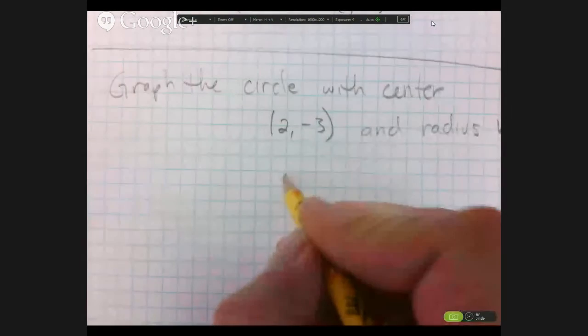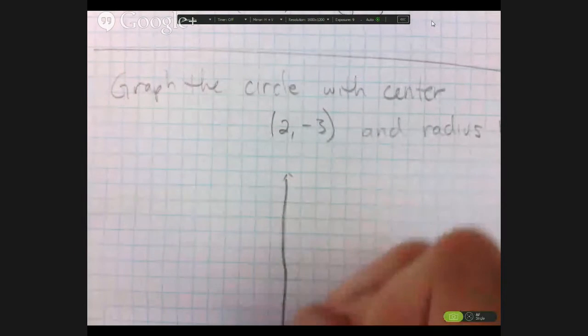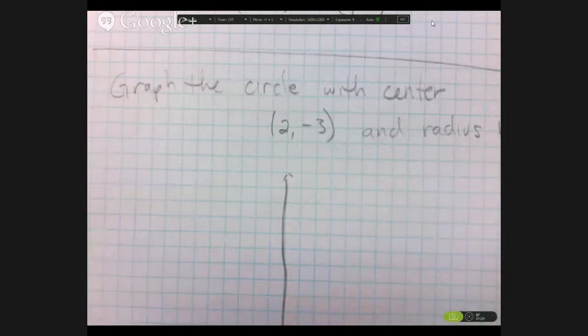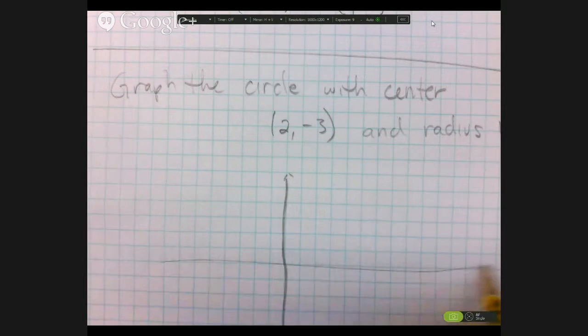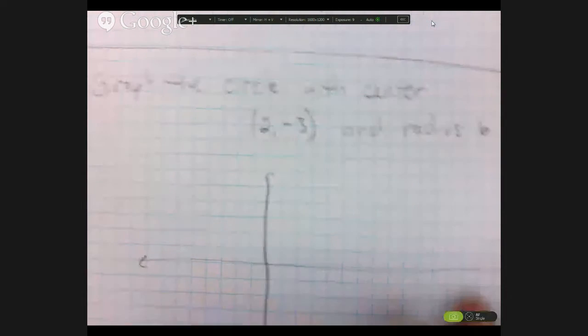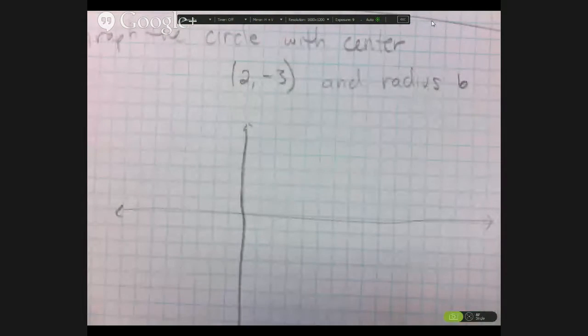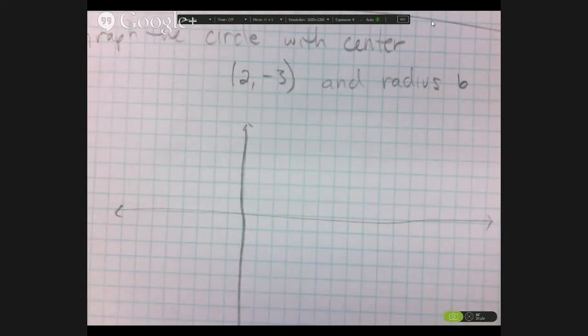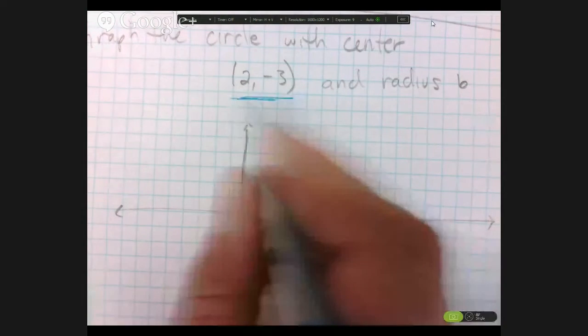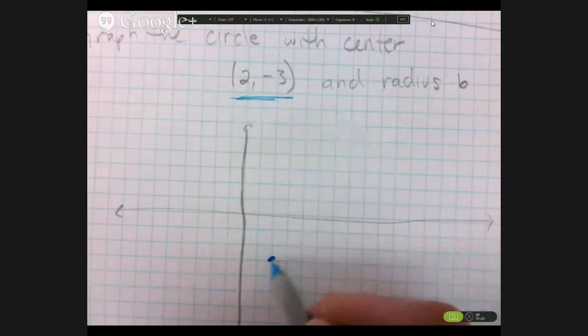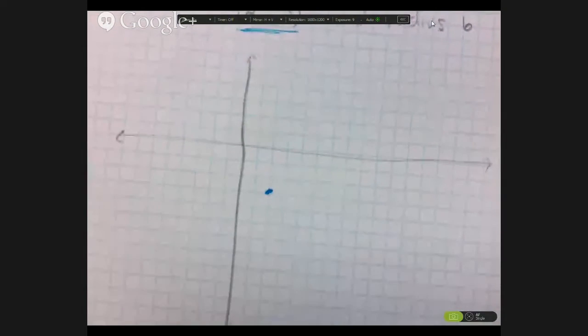So we'll need to use a 6. That was actually 7. All right, so center's 2, -3. That's the easy part, right?